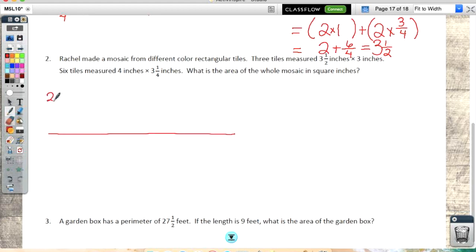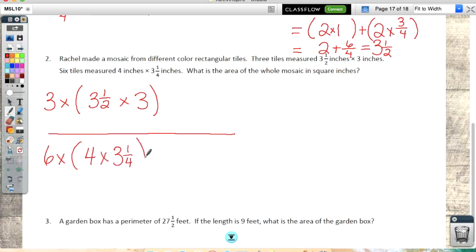Okay, so 3 times what? 3 1/2 by 3, correct? And 6 times 4 times 3 1/4. Those are the 2 problems I need to solve, okay?